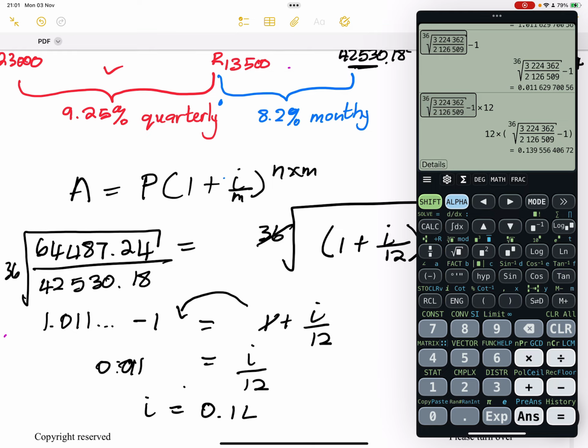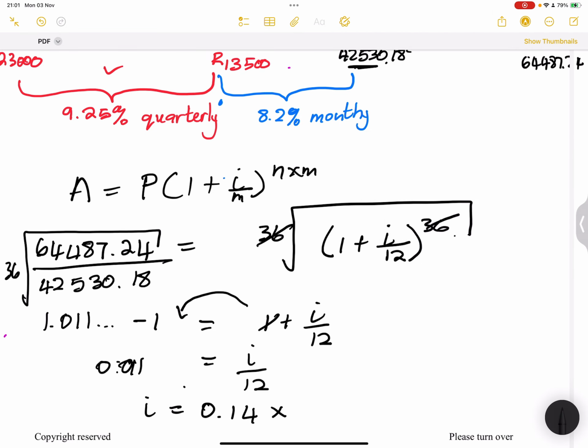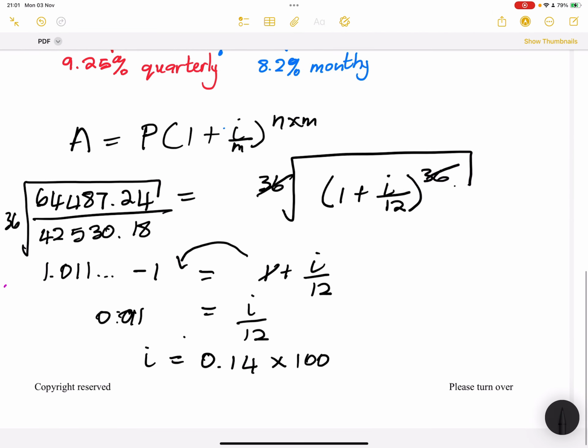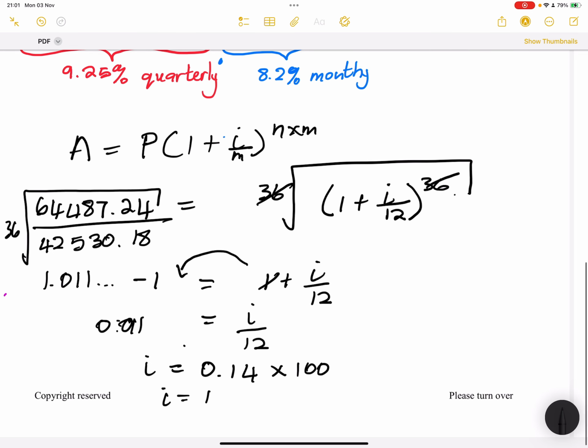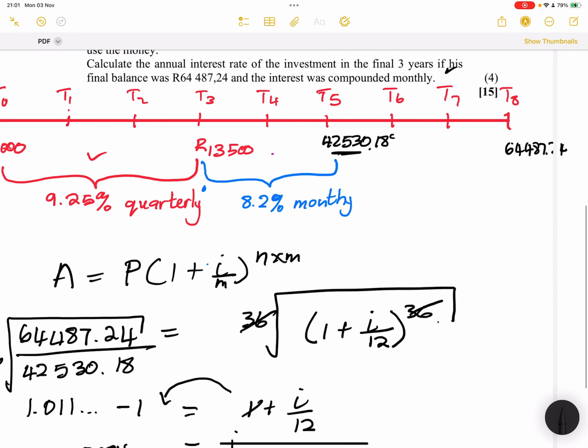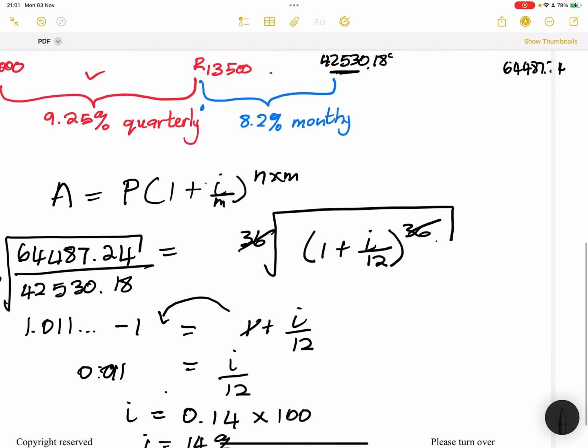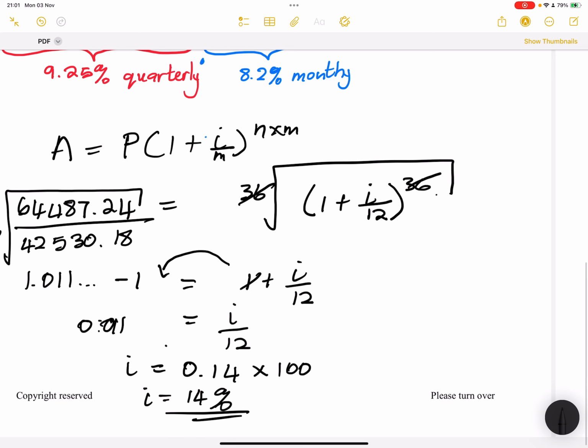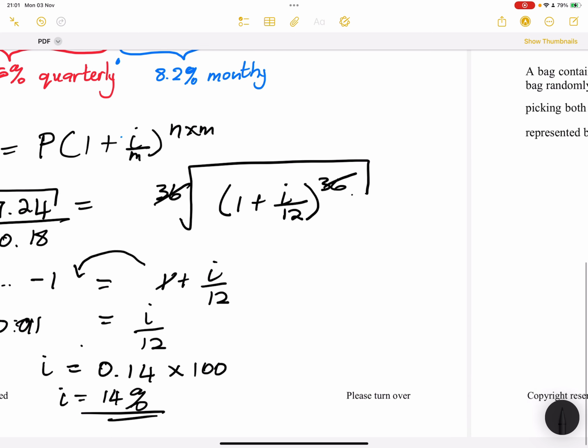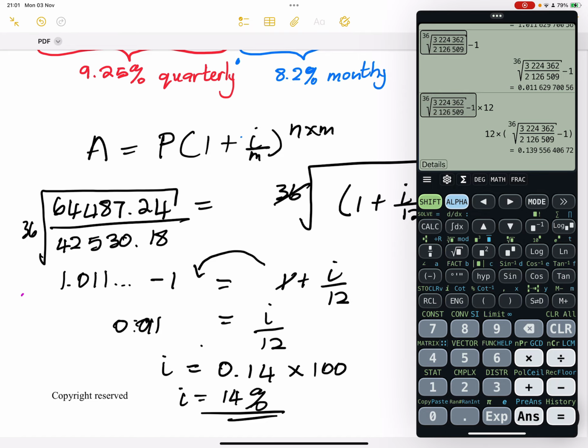And of course, to make it an interest rate, we multiply by 100. So which means that our interest rate in this case is 14%. And nothing wrong if you decided to not round it off as much as I did. But either way, when you look at it, it does compel you to go to 14%.